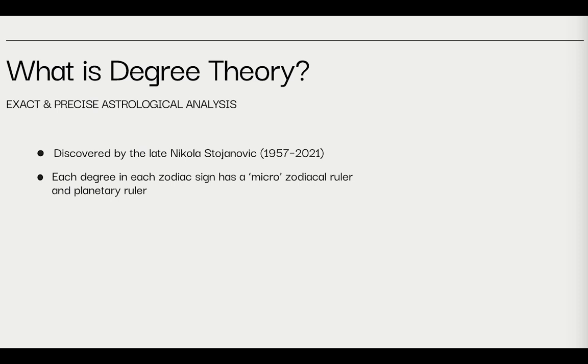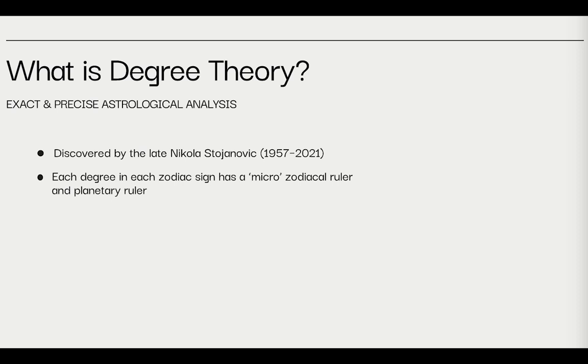But in general, the degree theory says that each degree within each zodiac sign has, I call it, a micro zodiacal ruler and planetary ruler. And I do want to note, I'm adding the planetary ruler part.